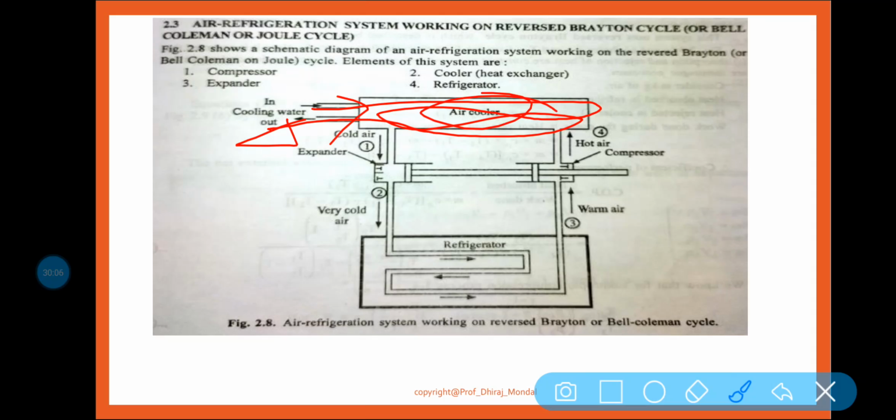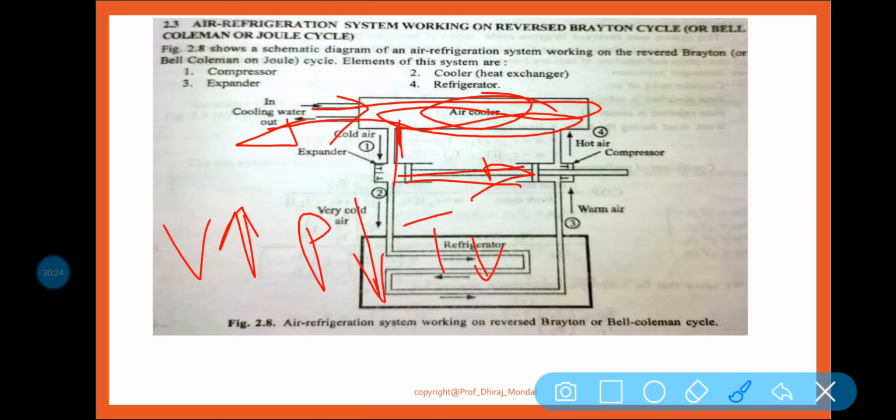When it is coming into this expander, suddenly this turbine and this cylinder, when it is expanding, then the volume is increasing. Volume increasing means pressure decreasing, temperature also decreasing.